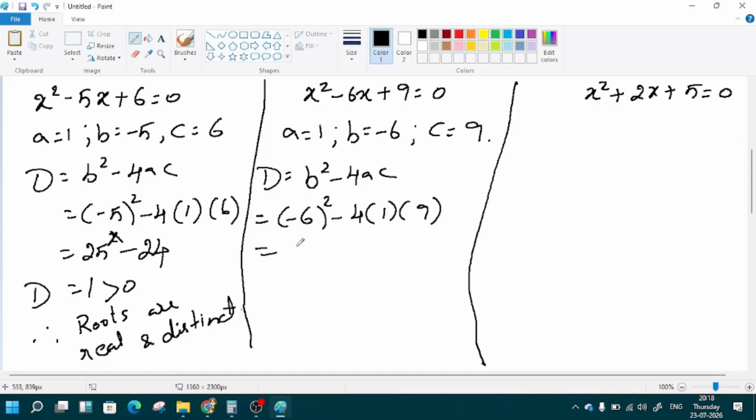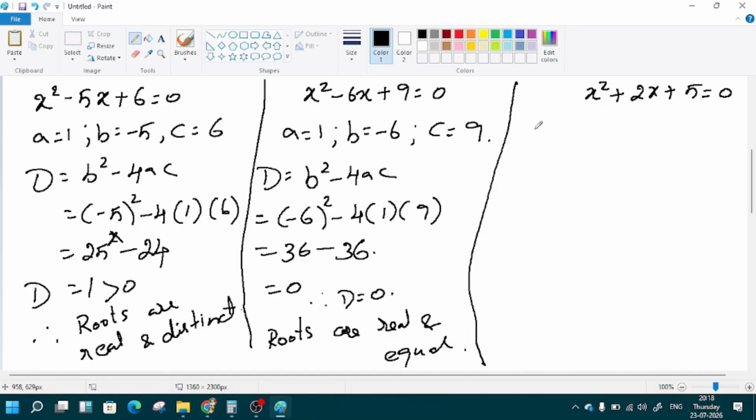So this is going to be 36 minus 4 ones are 4, 4 nines are 36. So again it's 0. Therefore D equal to 0. Here roots are real and equal.